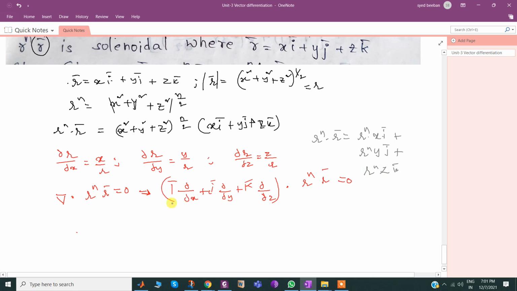So as per this, the i bar coefficient is r^n x.